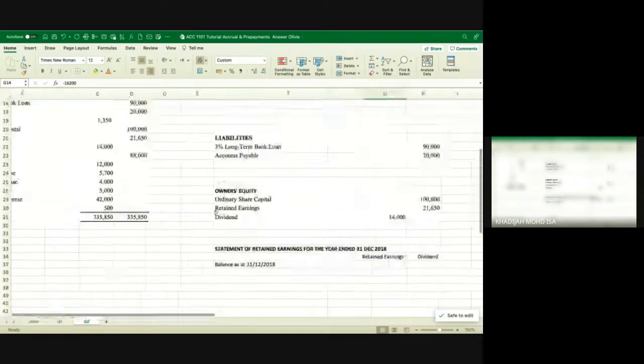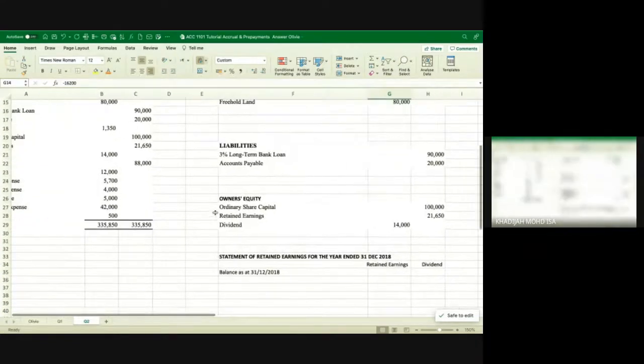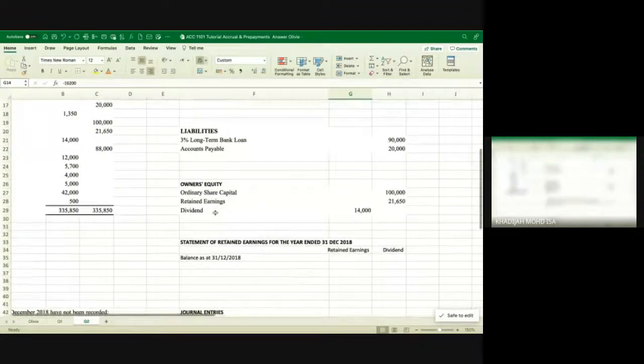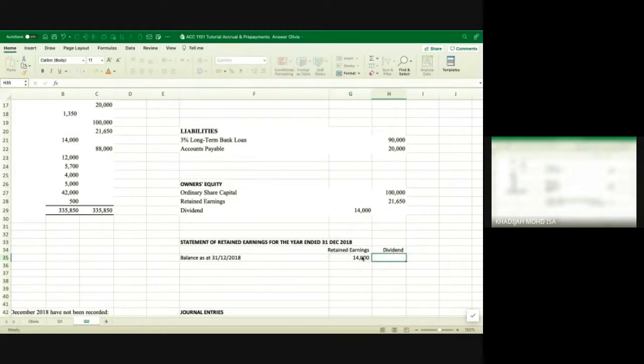Alright, so this retained earning, I'm not very good at retained earning. I think you have to put in this amount. Retained earning beginning is 14,000, and then command X. You can have your profit, right? Profit here, I do not know how actually. Anyone can help me with this?